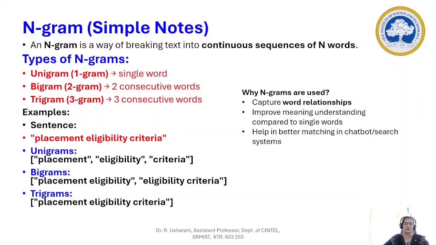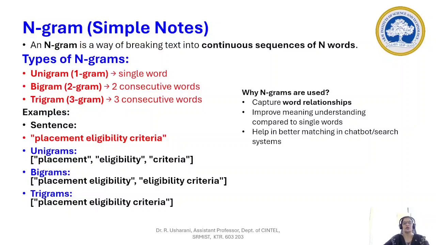The sentence can be broken into unique single words: placement is a single word, eligibility is a single word, criteria is another single word. On the other hand, bigram means we take two words from the sentence: placement eligibility, these two consecutive words, is a bigram.